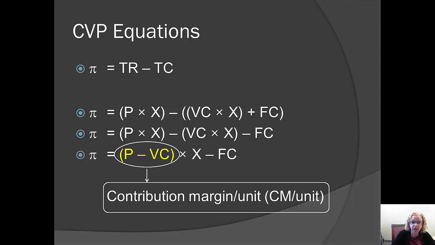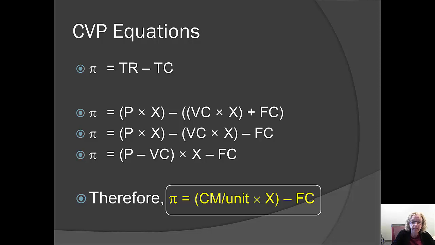If we multiply that contribution margin per unit times X, the number of units, we get our total contribution margin. So if we take our total contribution margin, subtract out our fixed cost, that should give us our profit.